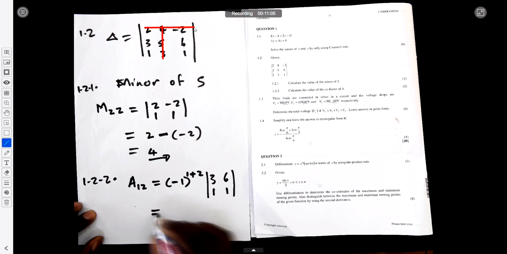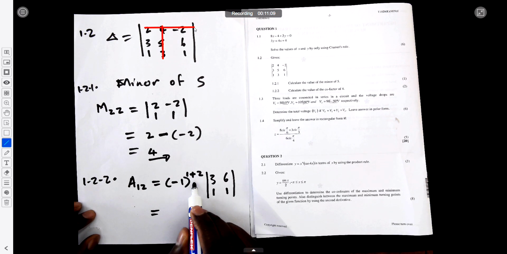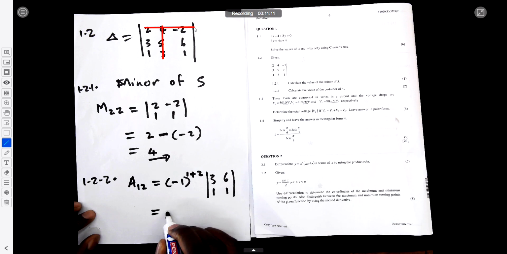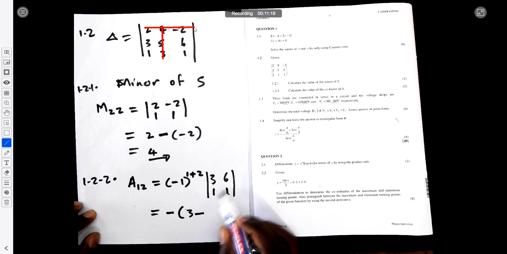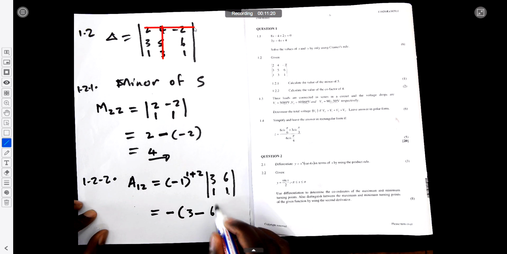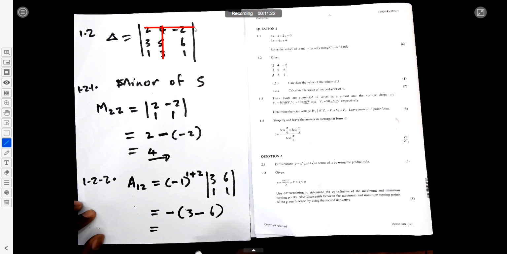Simplifying, negative 1 to the power of an odd number, which is 3, is negative 1. Then 3 times 1 is 3, minus 1 times 6, which is 6.